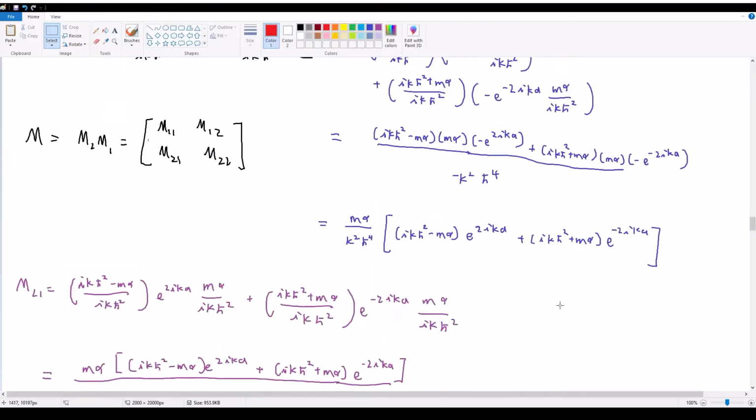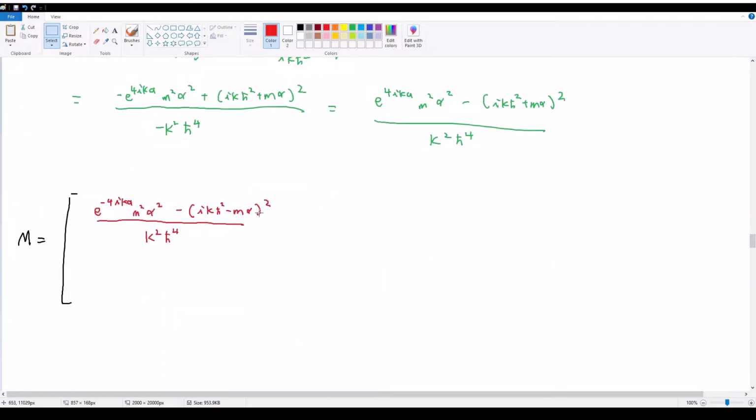And then M12 is going to be in blue, this expression. And maybe I want to clean this up a little bit as well. So I'm going to rewrite this just so everything's in the same form.